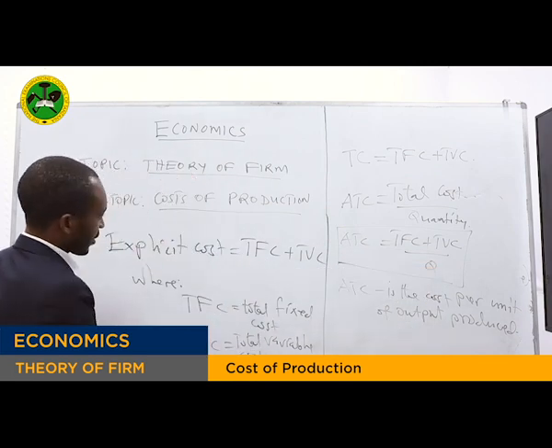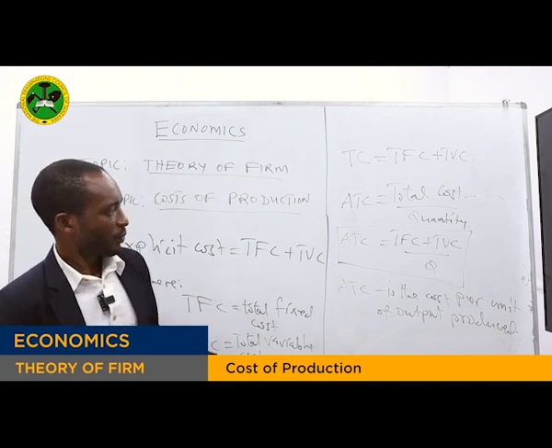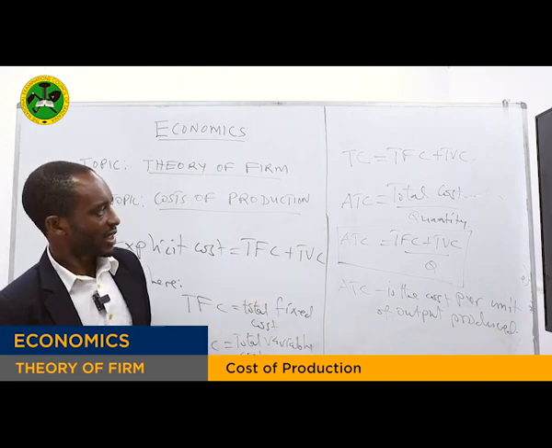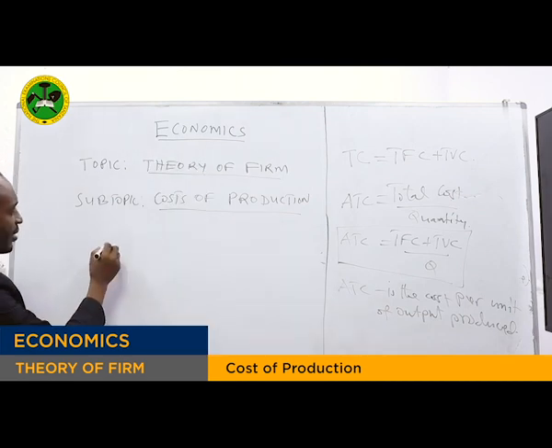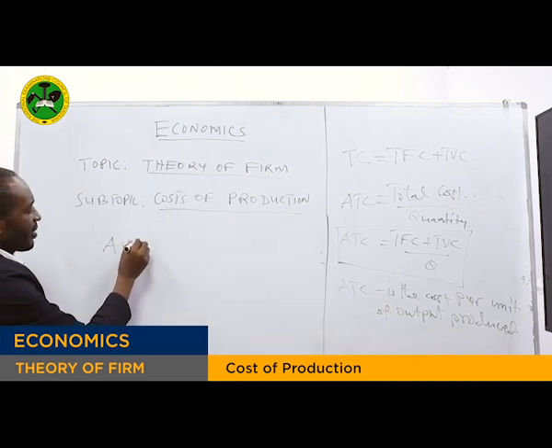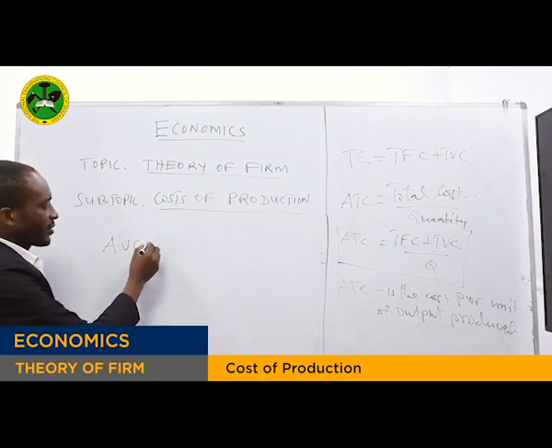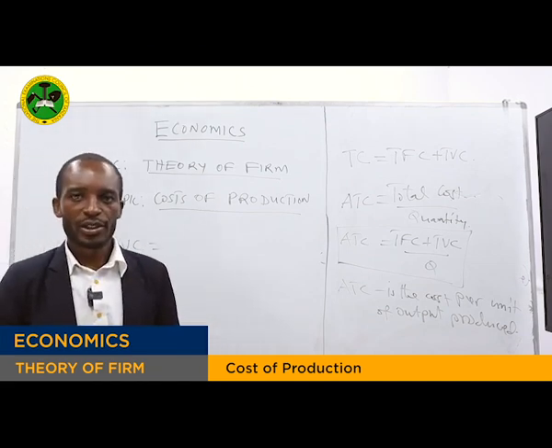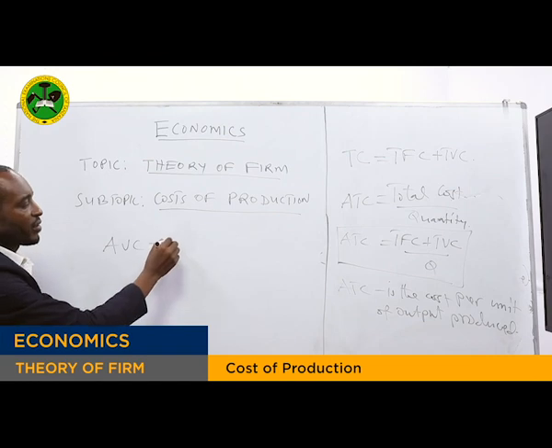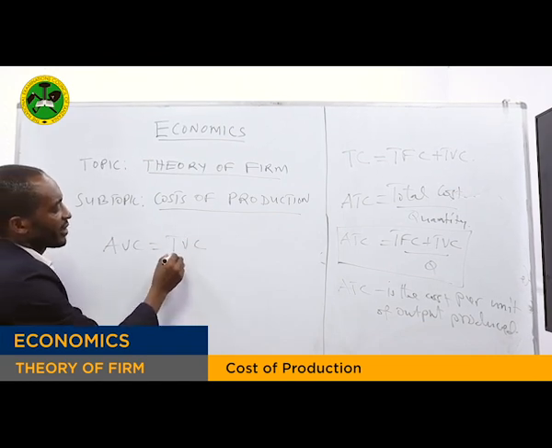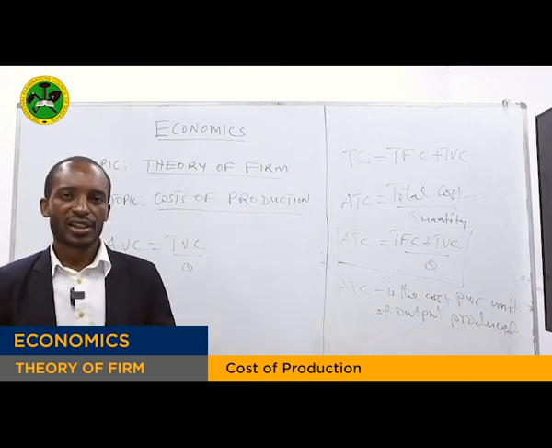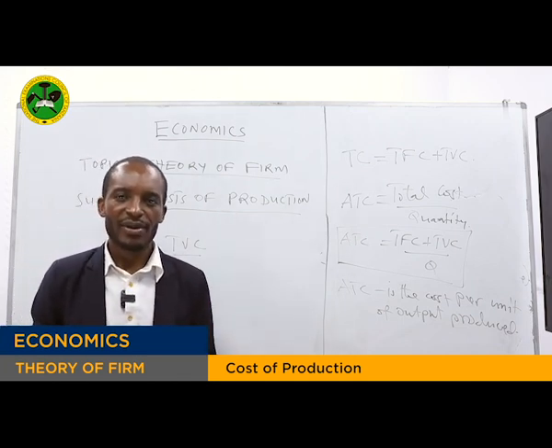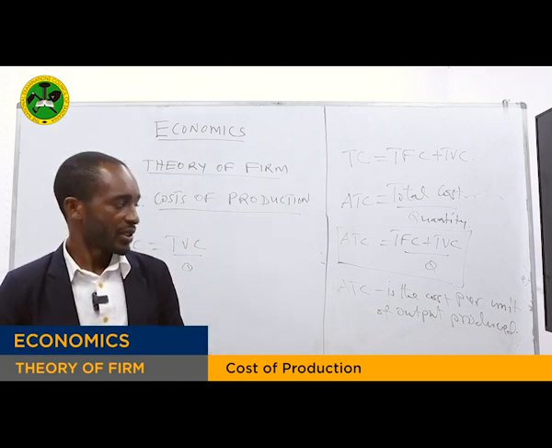Another concept we need to discuss is average variable cost. So average variable cost is obtained by taking the total variable cost divided by Q. So you take the total variable cost and divide it by the quantity which is produced.